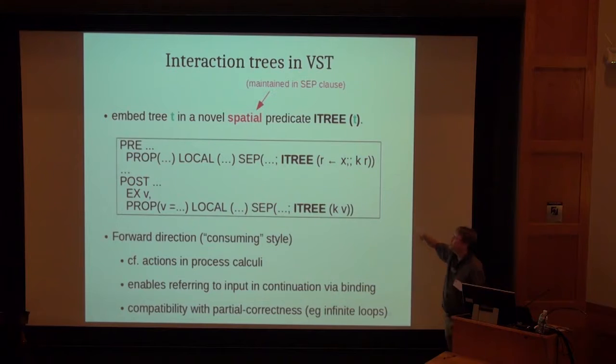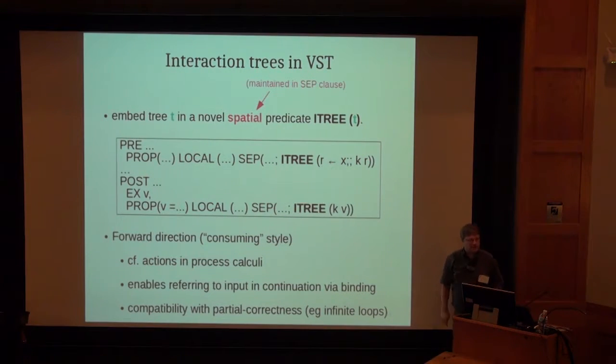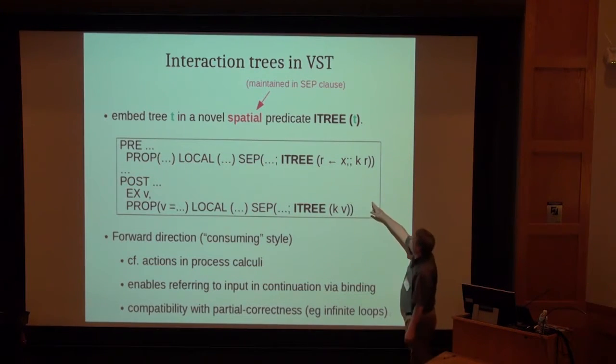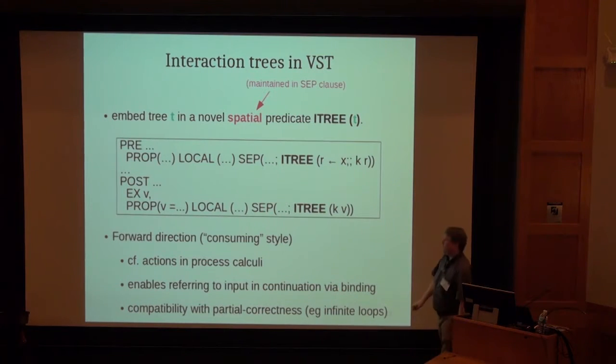So this binding that we get from the monadic structure is maybe slightly easier to model in this forward way. And also this permission to carry out these options interacts a little bit nicer with a partial correctness interpretation of the logic that we have in VST.